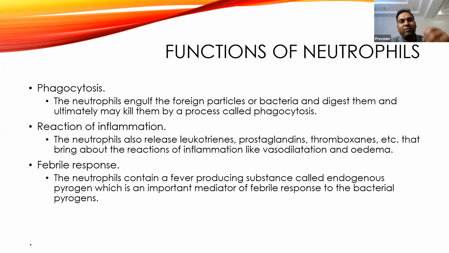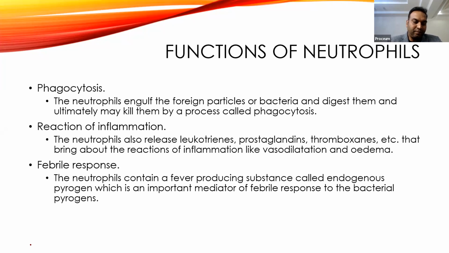They will start engulfing or eating other cells, cell fragments, bacteria, large proteins, or any foreign bodies. They will try to engulf and digest them, and even kill them. This process is called phagocytosis. By this mechanism, any threat to our body will be removed by the neutrophil.